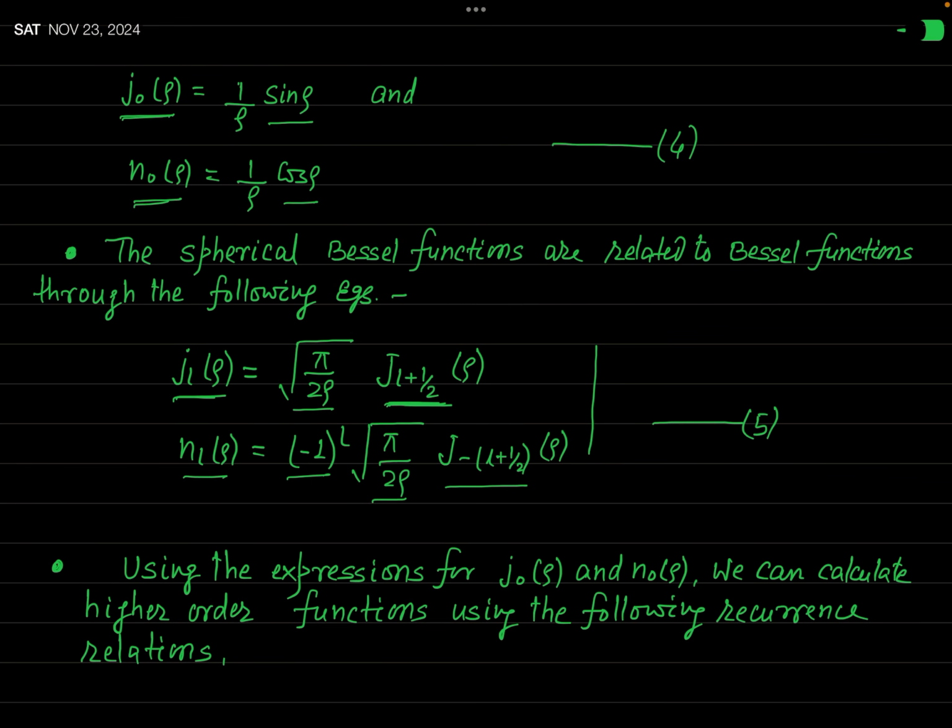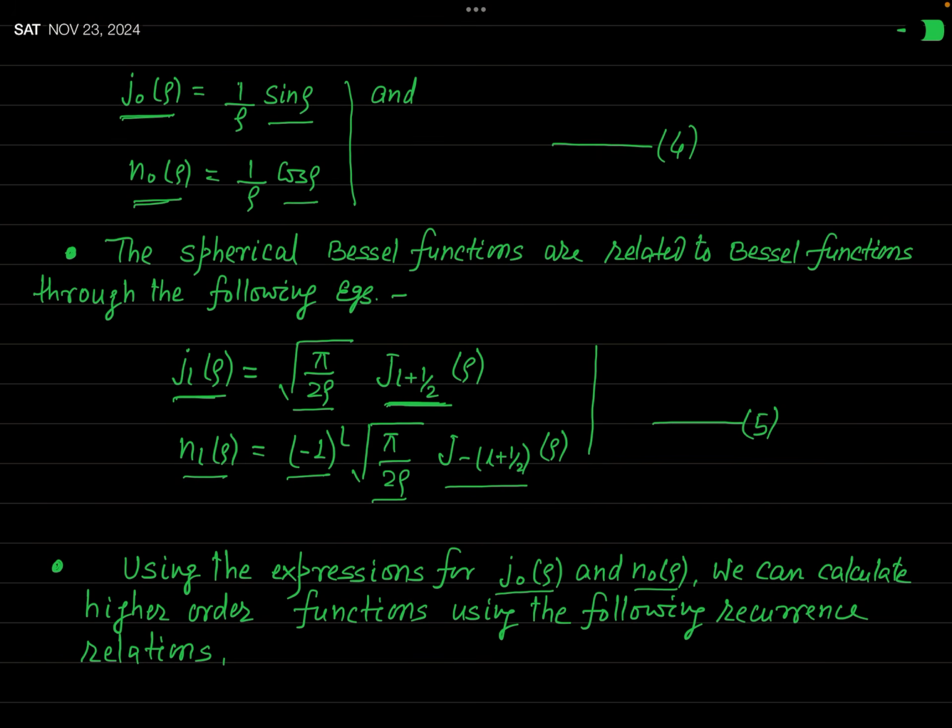Now, we have already seen the expressions for the zero order spherical Bessel functions j0 of rho and n0 of rho. Using these, we can calculate the higher order functions, and the higher order functions can be obtained in terms of two important recurrence relations.